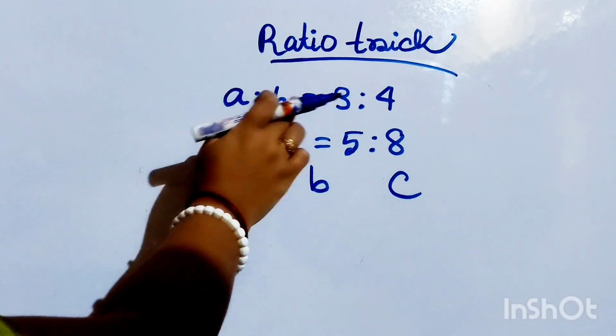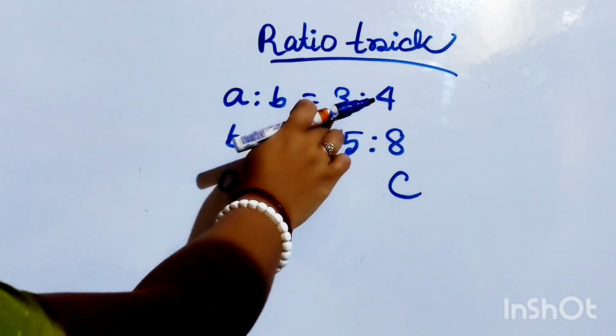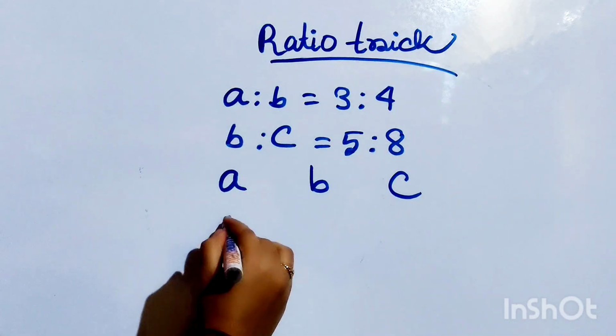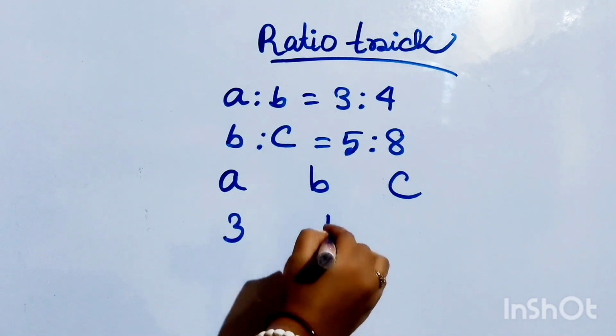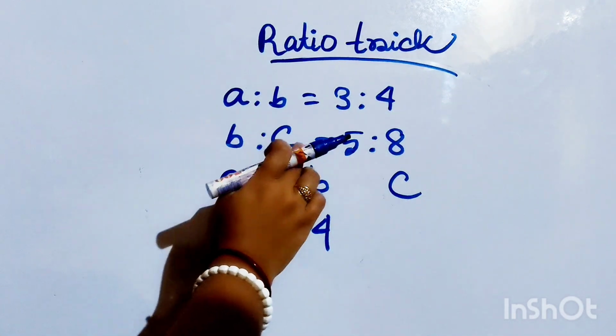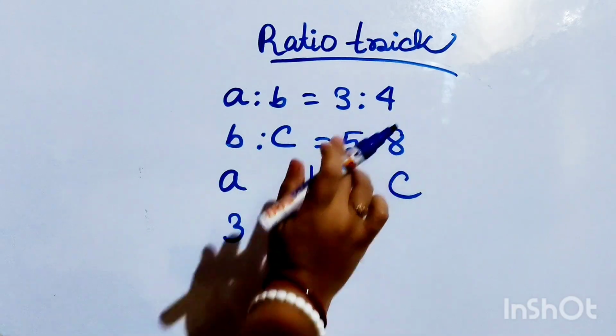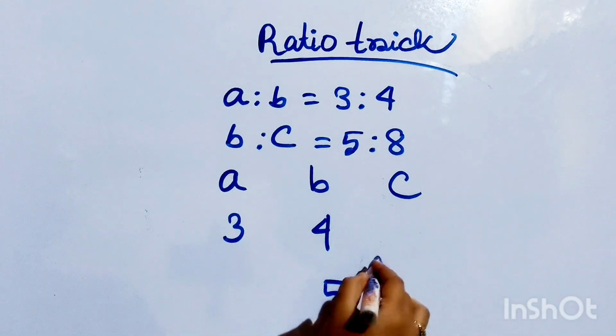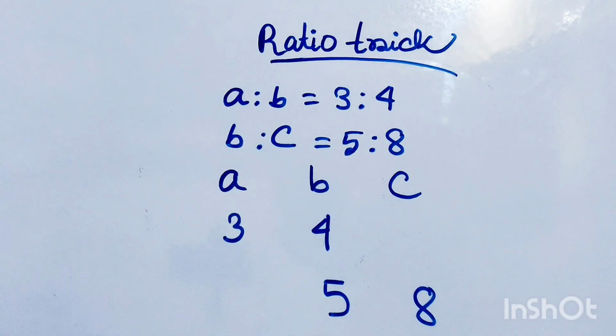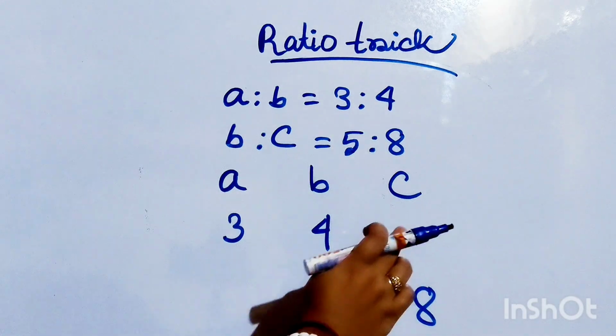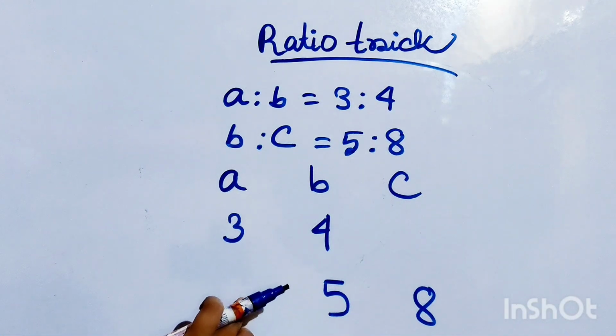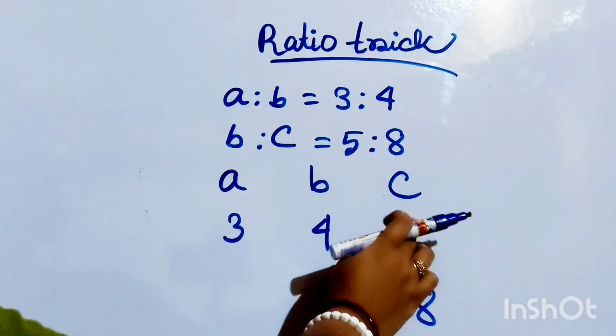Write at the top A, B, C. Now there will be basically two rows. In the first row write 3 at the place of A and 4 at the place of B. Same in the second row, write 5 in the place of B and 8 at the place of C.